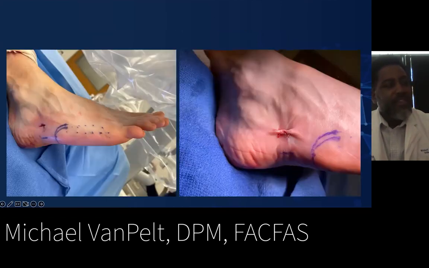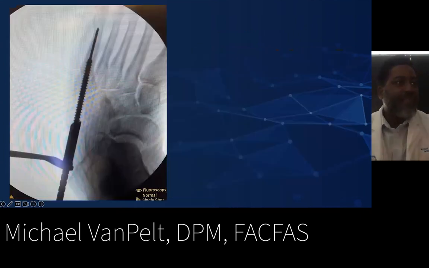As you can see here, with this system, it's a cannulated drilling and tapping system, but a non-cannulated screw. You can see here, placing that, and there's a slight chamfer to it, so it does not erode or cut into the cuboid and cause erosion or a defect in the cuboid itself.